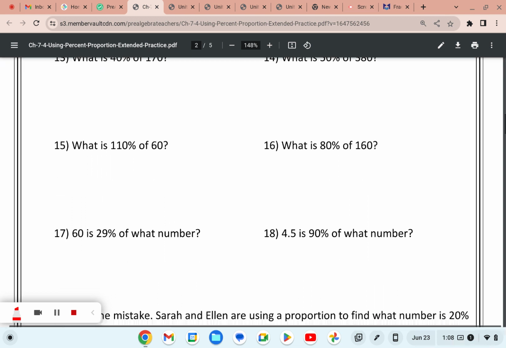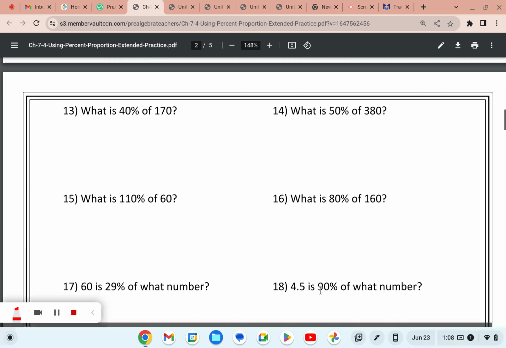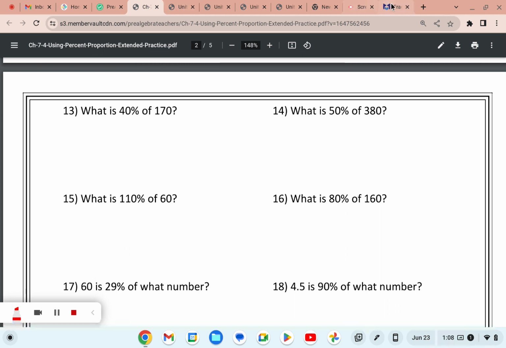If I tell you 4.5 is 90% of what number, I know that this is close to 100% of that number. Does that make sense? 90% is way, way over here. So if my answer is 4.5, that's my part, then my base or my whole number is probably going to be like 5 or 5 point something. Does that make sense?